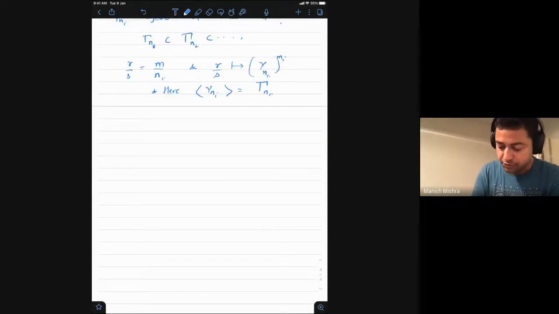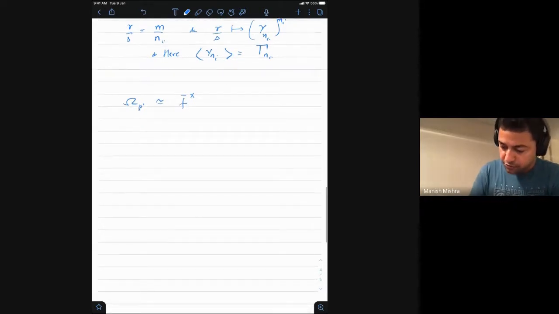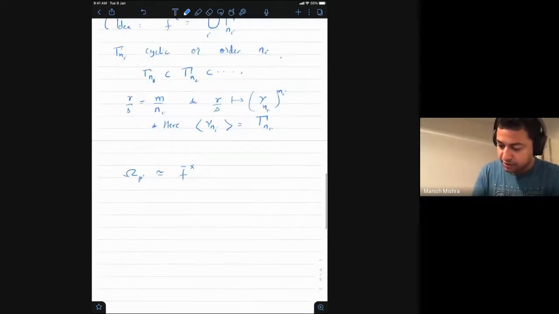You put together these two isomorphisms, you get Omega_p' isomorphic to this. Okay. Now note that it requires all these choices of generators so it's not natural.